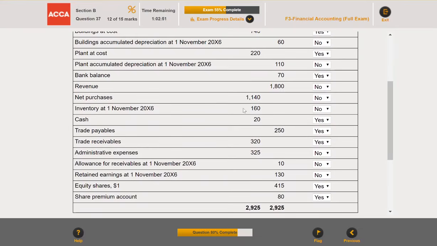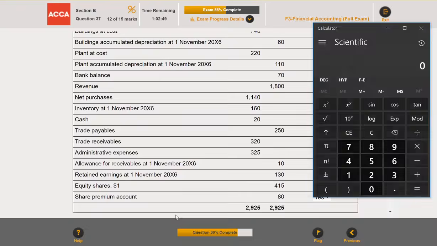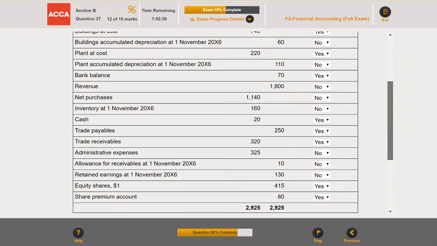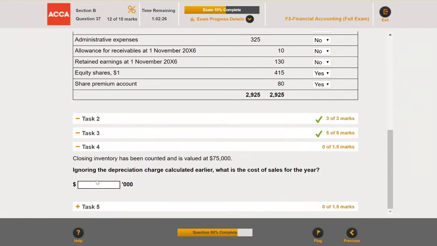Opening inventory 160 plus purchases, which is 1140, and minus 75, so it is 1225.